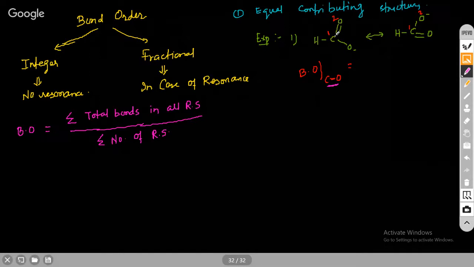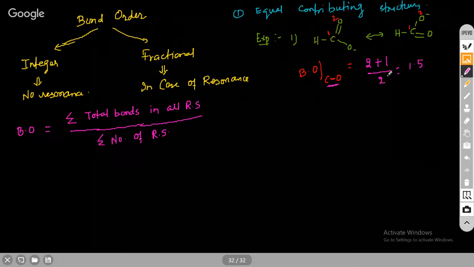Or you can also take, suppose you're considering these two carbon and oxygen, so two bonds here and one bond here, right? So what we can write, two here present and one here we have. So 2 plus 1, total number of bonds between the carbon and oxygen, is 2 in this structure, 1 in this structure, divided by the total number of RS. Total number of RS is what? 1 and 1, 2. So 3 by 2, that is 1.5.